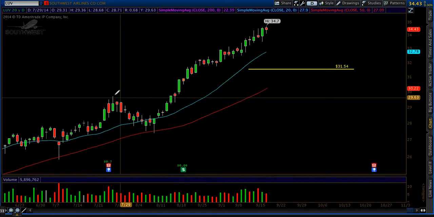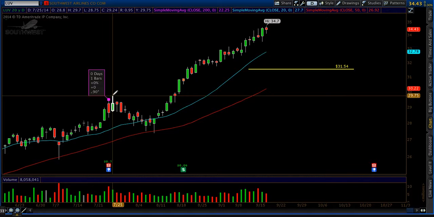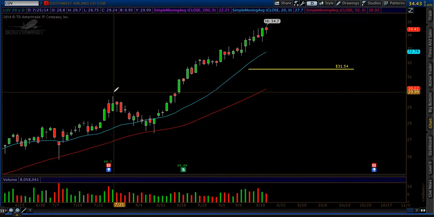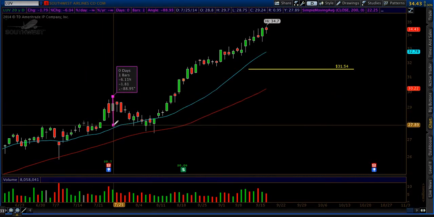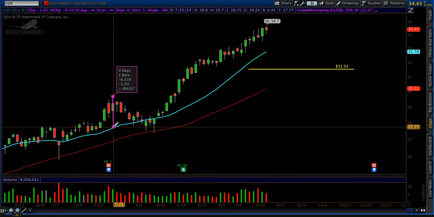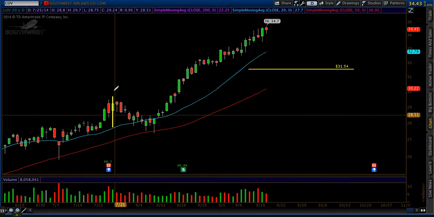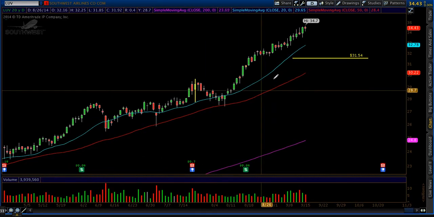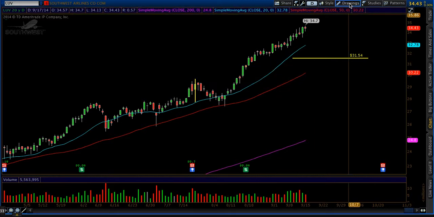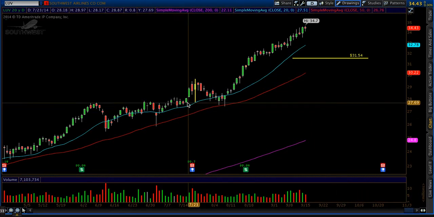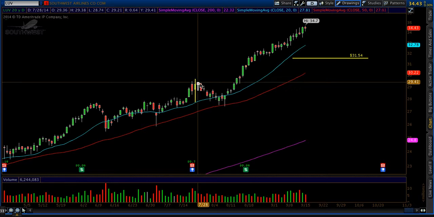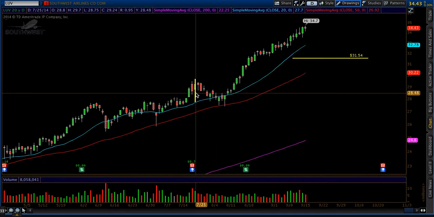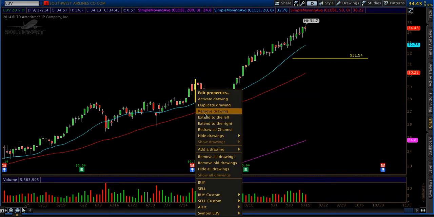So I'm going to take this high and draw a straight line down, as close as I could get to the 20-day moving average, at a 90-degree angle, a vertical line, I'm sorry. As you can see here, when price moved away from the 20, it pulled back into the 20.